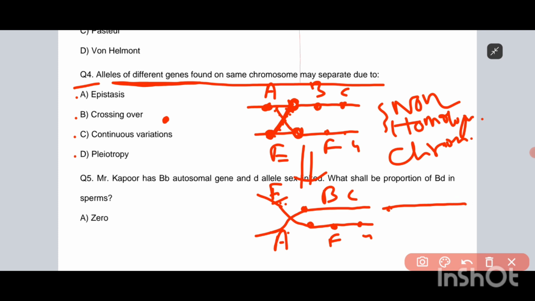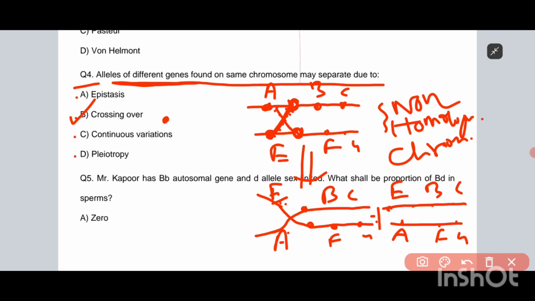So the first chromosome becomes EBC, and the E allele goes into this chromosome, and the A allele comes into the other chromosome, AFG, after crossing over. So alleles of different genes found on the same chromosome get separated after crossing over. It is only possible in case of crossing over. So B is the correct answer.